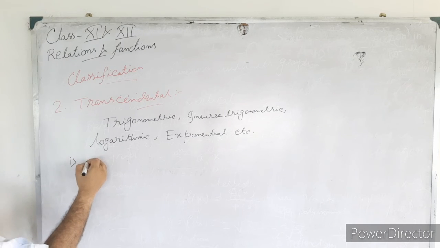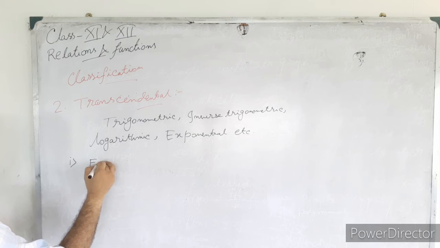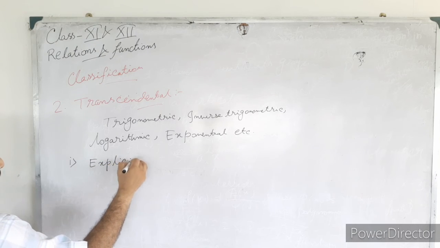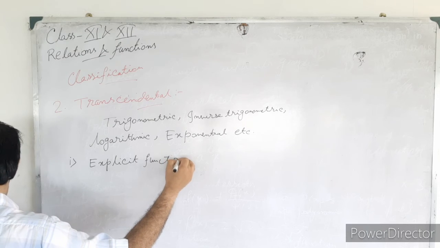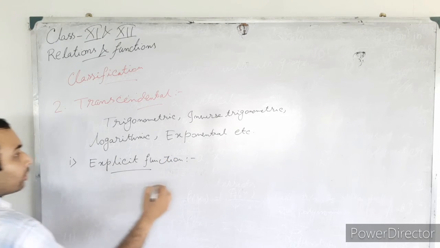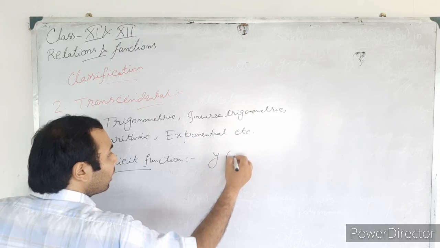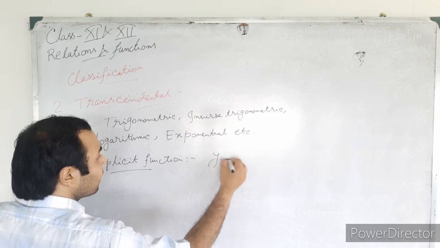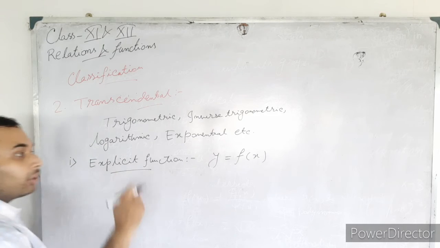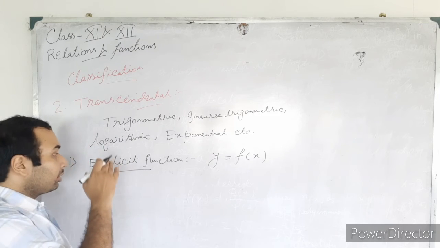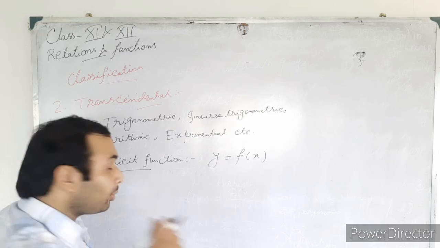One is the explicit function, that is whenever a function can be represented in the form y equals f(x), this function is called the explicit function.